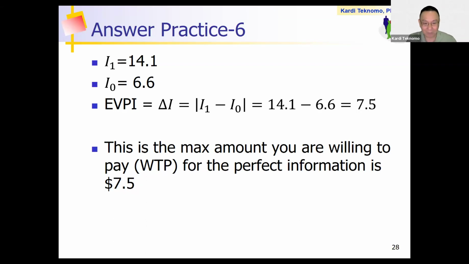In reality, what you use is not EVPI but EVSI, if you already know the probability distribution of the imperfect information. So, like the one in the study of outcome. That one will be the assignment.